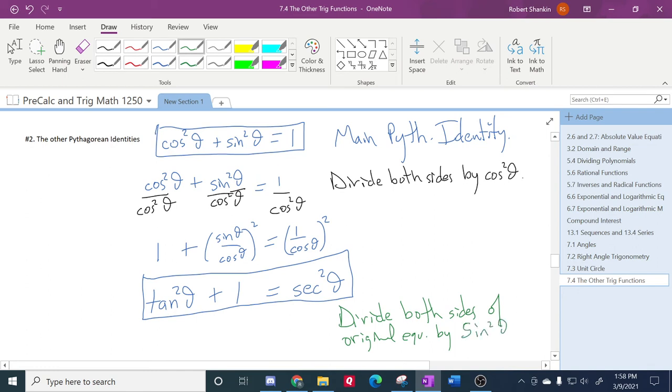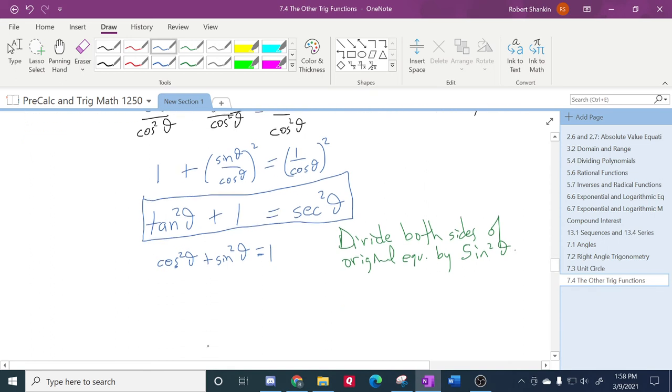So we're going to start with the same cosine squared plus sine squared equals 1. Now, when I say them out loud, I often don't say the angle. I say cosine squared plus sine squared equals 1. But when I write them out, you have to have an angle right after that. A trig function without an angle doesn't mean anything.